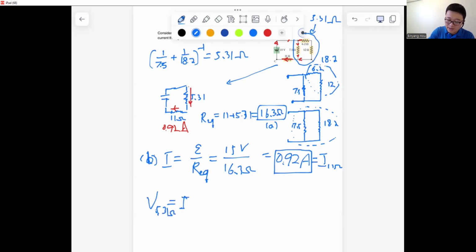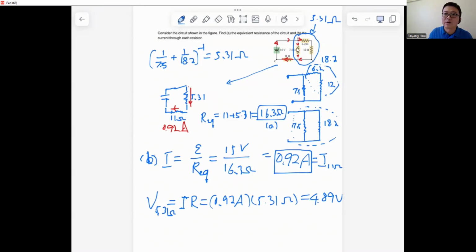According to Ohm's law, it will be the I times the resistance, right? So it's the 0.92 amps times the 5.31 ohms, and that will be 4.89 volts. Okay, so that's the voltage across this equivalent resistor, which means it's the voltage across this whole combination, because the whole combination is replaced by the single one. Okay, so then the voltage between this point and that point is the 4.89.